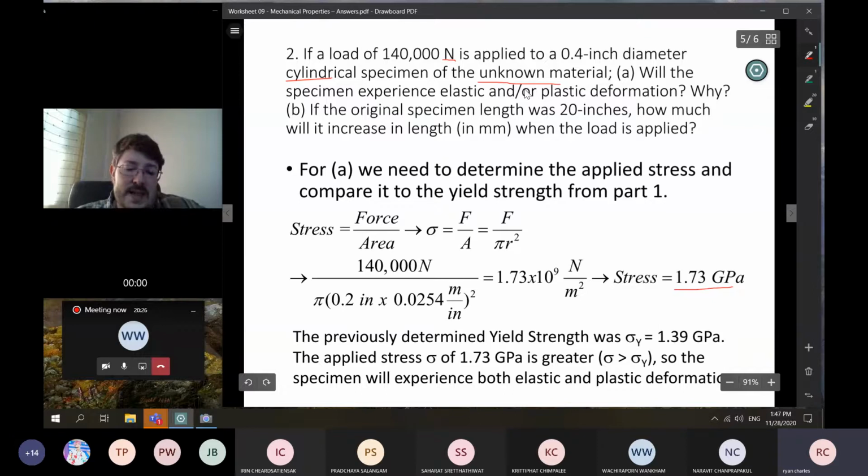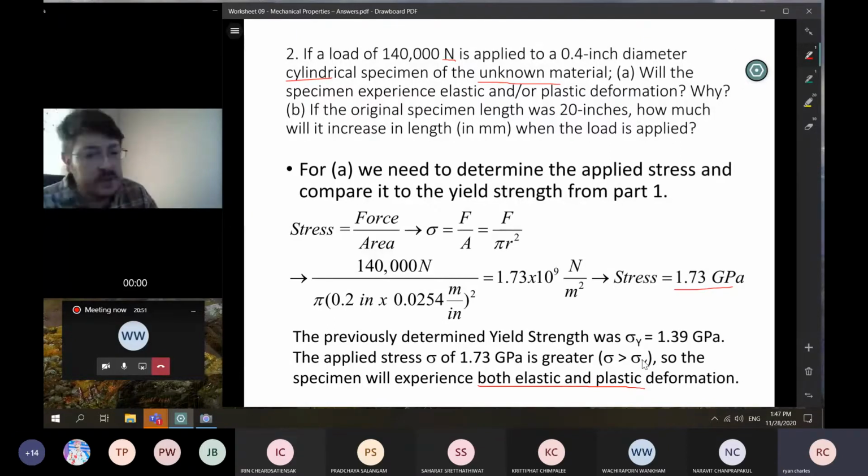If you have plastic deformation, well, you had to go through elasticity to get there. You can't have plastic deformation by itself. You have to go through elastic to get to plastic, right? You can have just elastic by itself, but you can't have plastic by itself. So you have both elastic and plastic, right? Slightly tricky question to see if you were paying attention, right?